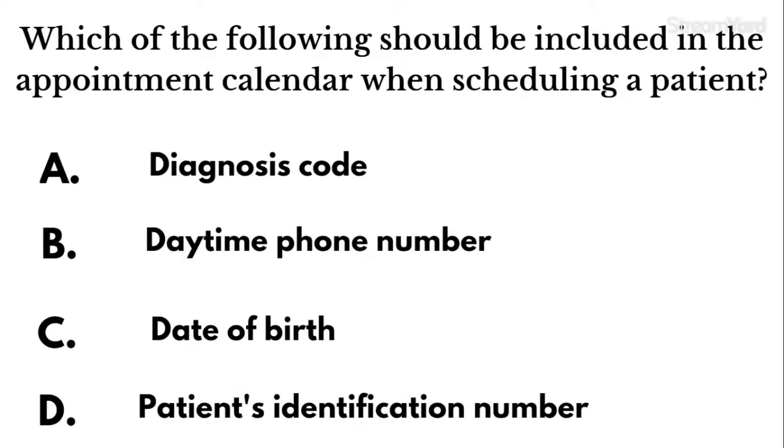And in this case, it seems like this is a manual scheduling calendar they're talking about. Are you going to include the diagnosis code, daytime phone number, date of birth, or the patient's identification number? All right, Maria says B. Anybody else?